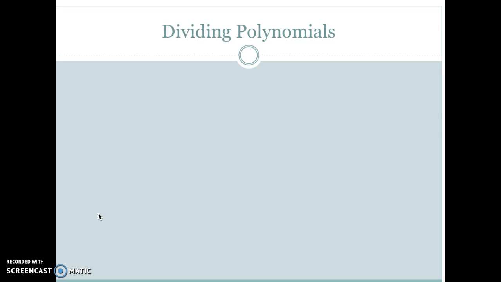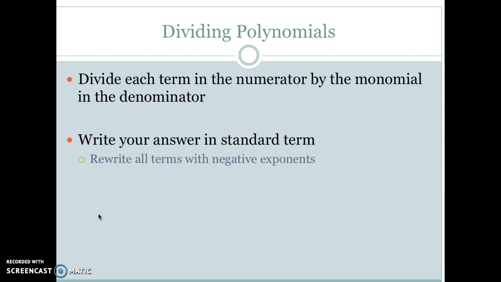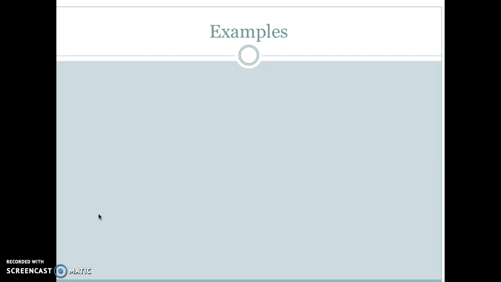Now dividing polynomials. We want to divide each term in the numerator by the monomial in the denominator. Write your answer in standard form. Rewrite all terms with negative exponents. So let's look at some examples. We have (9m cubed minus 24m squared) divided by 3m.